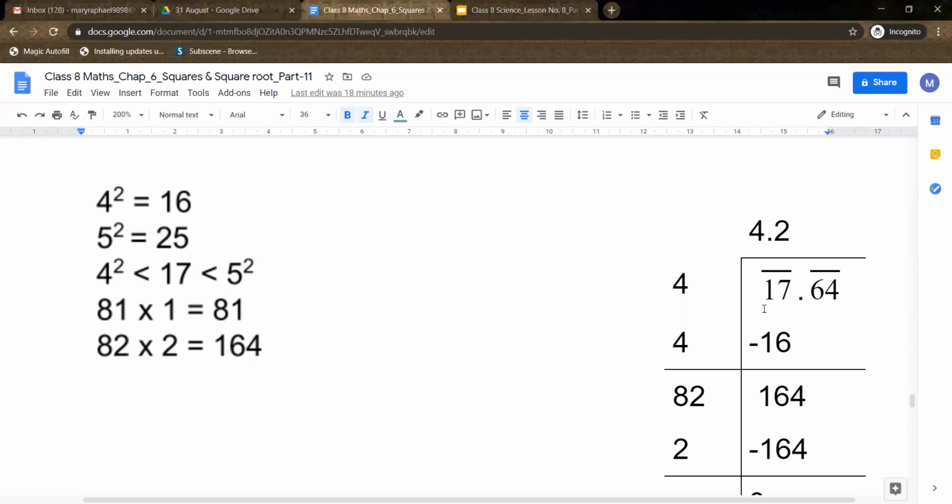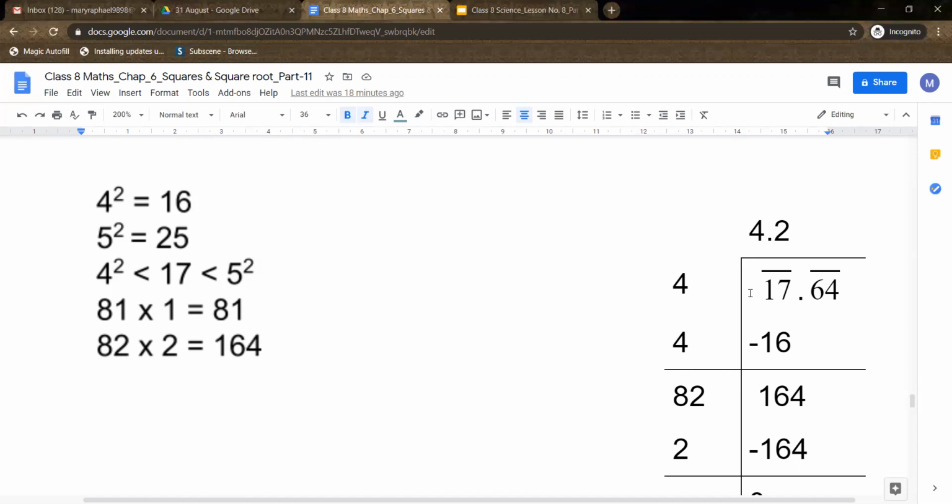Now as usual, as we did in the previous question, 17 is the first pair from the left side. Always put the bars from right to left, but the division starts from the left only. So the leftmost pair is 17. Now we have to find which perfect square is either equal to 17 or less than 17.